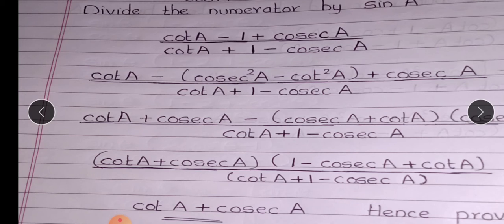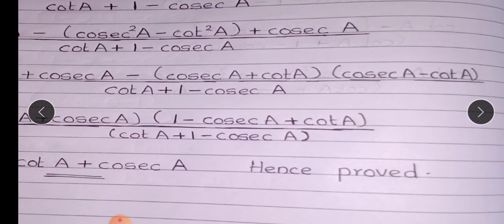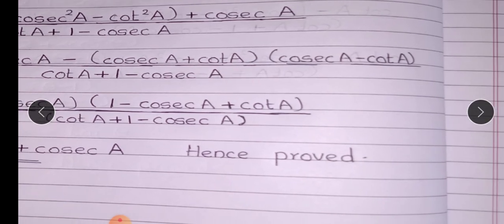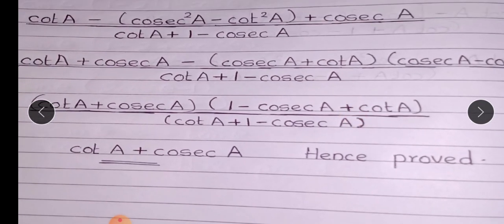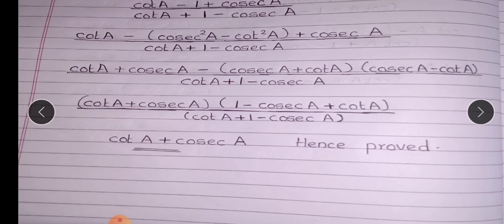Now expanding it, I'll get cot A plus cosec A. Here A plus B into A minus B. Cosec A plus cot A into cosec A minus cot A. Again I am telling you, I applied A square minus B square is equal to A plus B into A minus B.